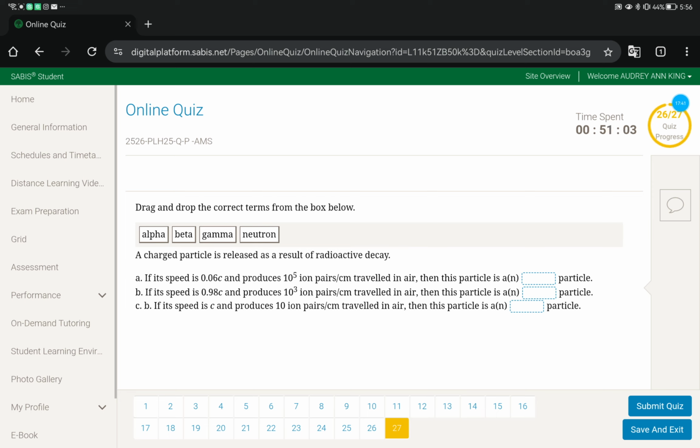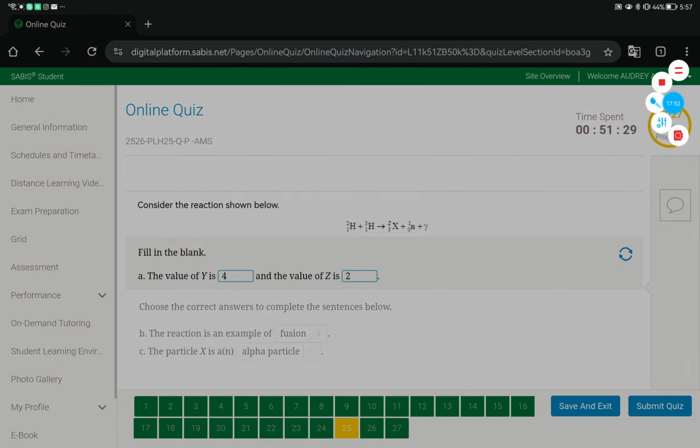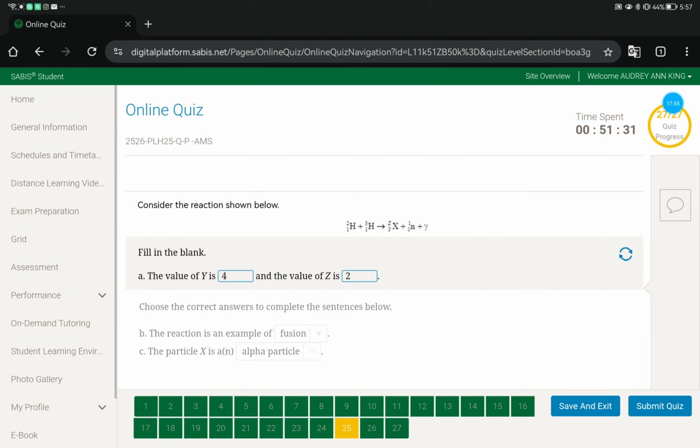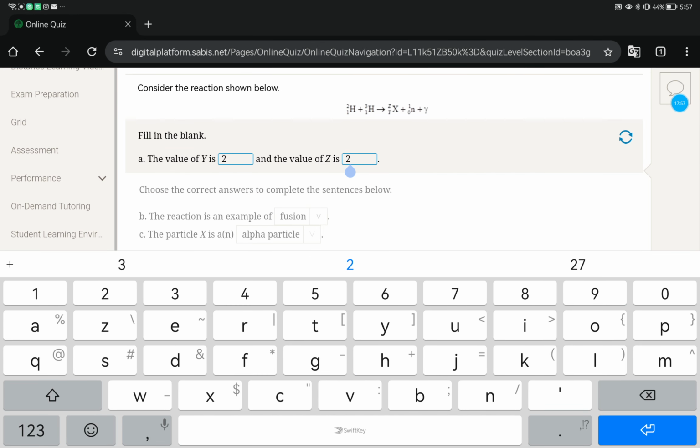If its speed is 0.06 and produces 10 to the power 5 ion pairs traveled in the air, then this particle is an alpha particle, and 10 to the power 3 is beta, and 10 is just gamma.